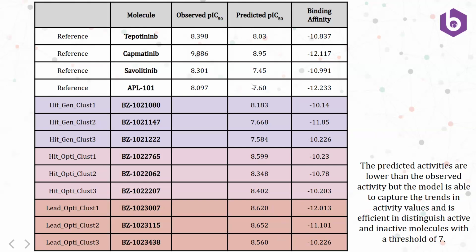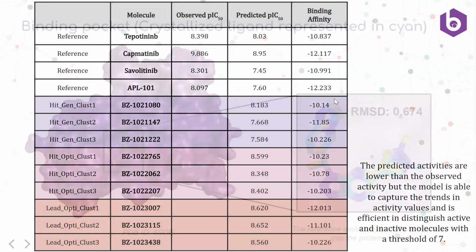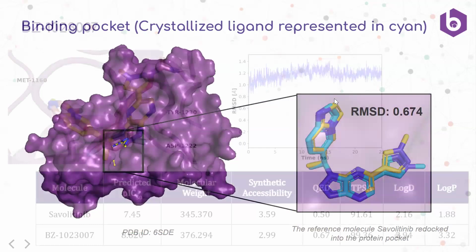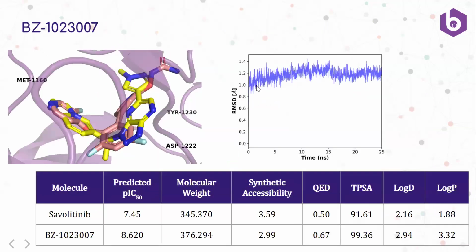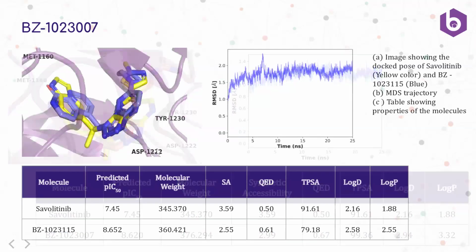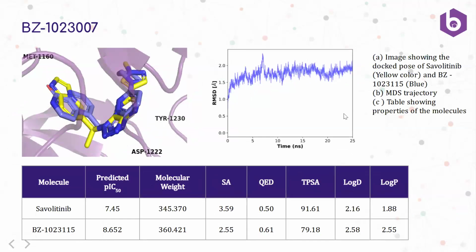And then you have your predicted activity, which is again found to match that of the reference molecule. These are our MD profiles. We found that these molecules are synthetically accessible in terms of the complexity of the molecule. The binding pocket is similar, and they're all stable during MD simulations, which means that they could be potential molecules that we can move forward with.